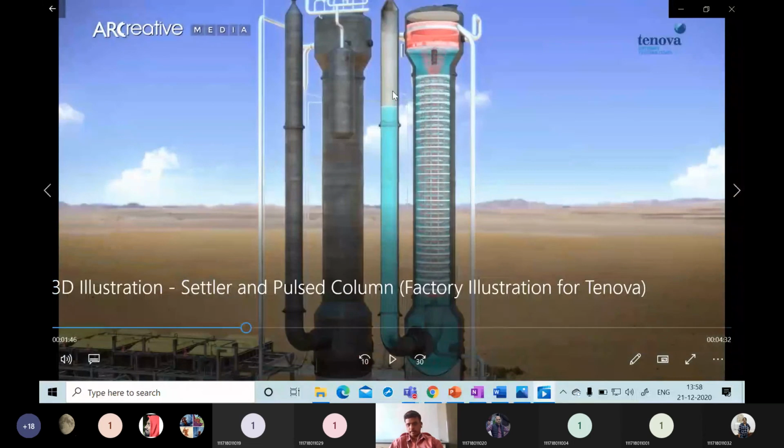Okay, this is the pulsating leg. In this pulsating leg, when it is flowing in the downward direction, it is allowing the fluid. When it is flowing in the upward direction, it is allowing some dispersed phase to flow upward. The red liquid is the dispersed flow, and the blue one is the continuous flow.